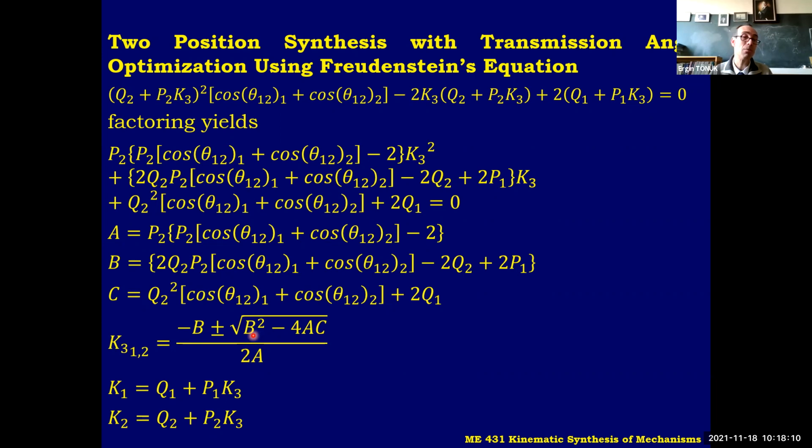It is also possible that the transmission angle might be bad. It might be possible that the link length ratios might be bad. One of the links might have 100 unit lengths, the other one is 1 or 1.5 unit length. Okay, these are unacceptable things. So although we have powerful tools, it's not the golden key or the master key that opens all the doors.